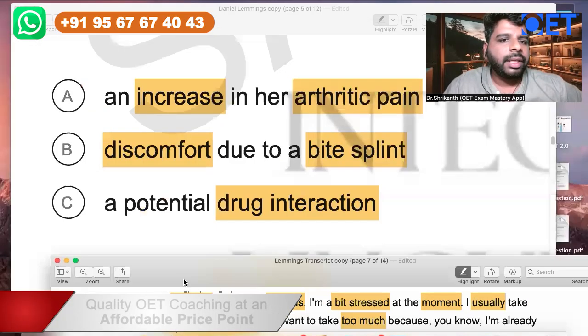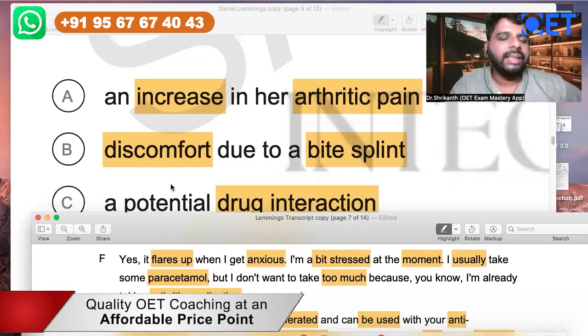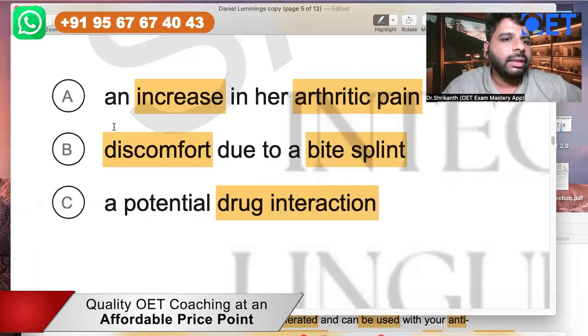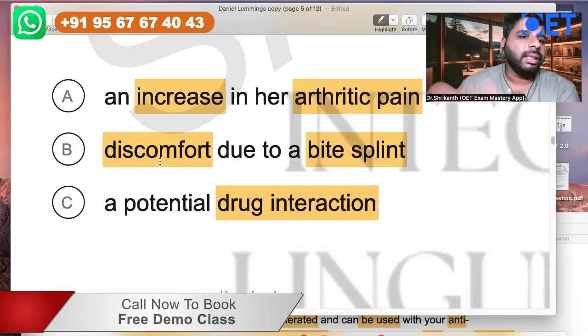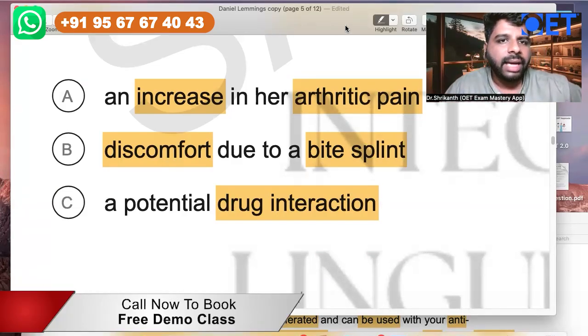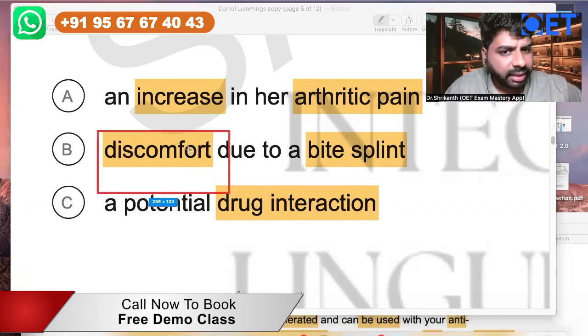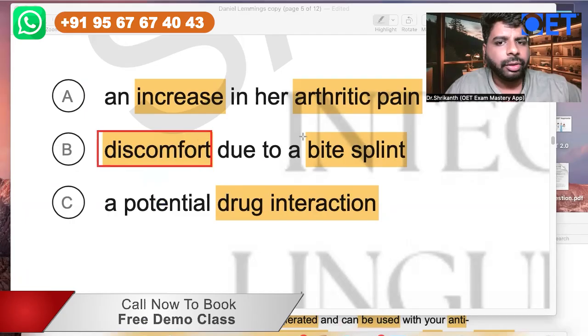But here they're saying presently the patient is having discomfort due to a bite splint. So here it is present tense, but in the audio, it is not present tense. The bite splint was taken so many days ago. That is basically past tense. So we cannot say that the patient is currently experiencing discomfort due to a bite splint.